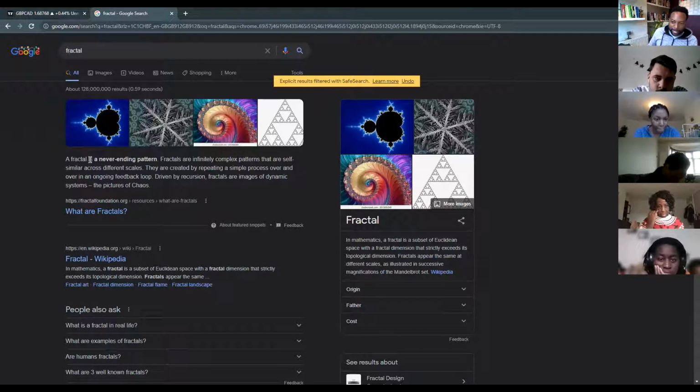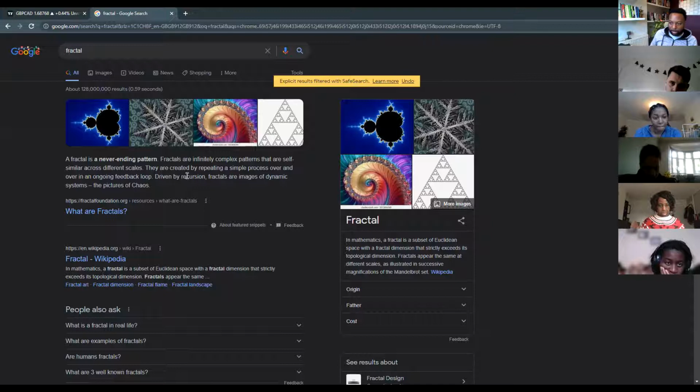A fractal is a never-ending pattern. Fractals are infinitely complex patterns that are self-similar across different scales. They are created by repeating a simple process over and over in an ongoing feedback loop.